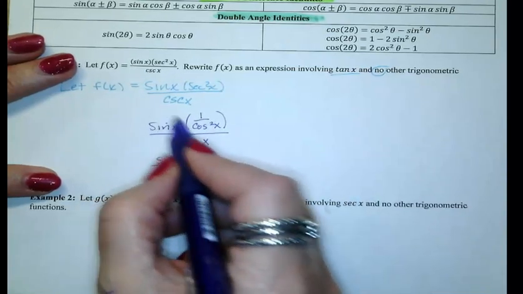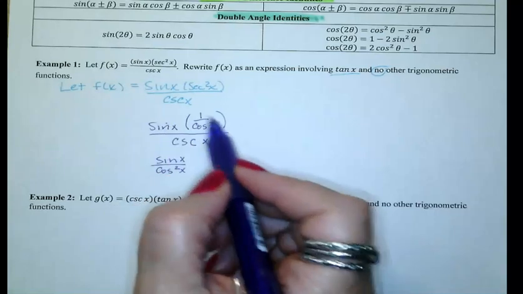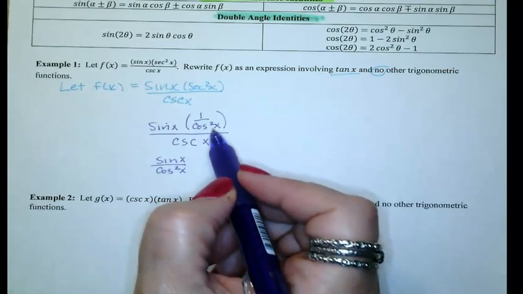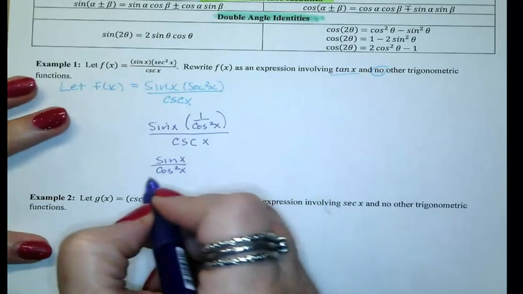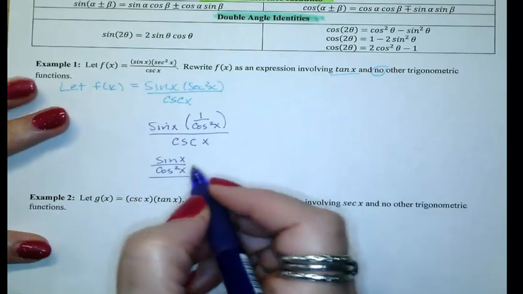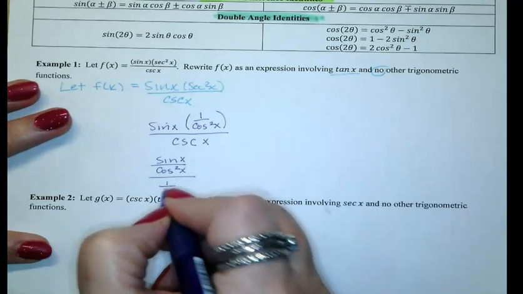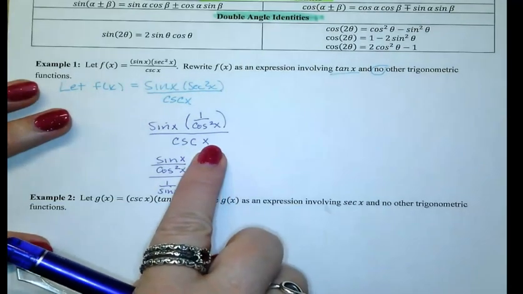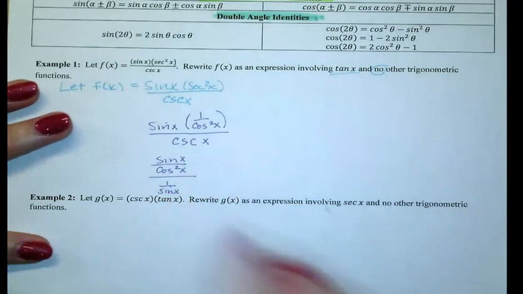Because a whole number times a fraction is just the whole number times what's on top of the fraction, and cosine squared on bottom. And then on bottom, we have the reciprocal, which is 1 over sine x. So again, I just replaced this with its identity.